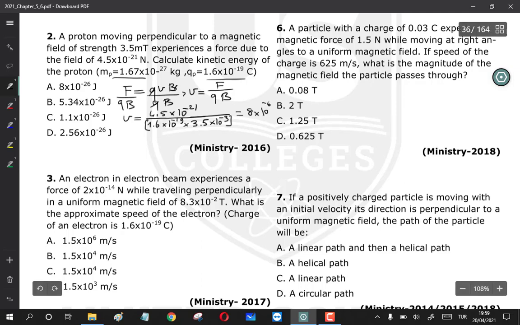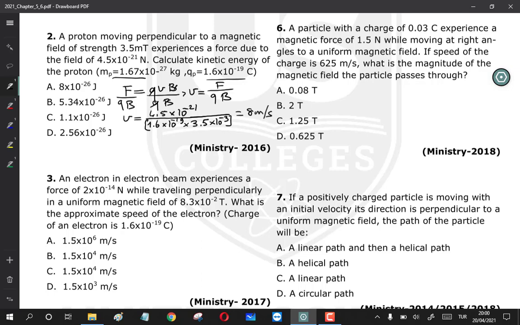Let's check it again. 4.5 times 10 to the power of negative 21 newton is the force divided by bracket 1.6 times 10 to the power of negative 19 times 3.5 times 10 to the power of negative 3, close the bracket. So it's 8, not 8 times 10 to the power negative 6, it's 8 meter per second. This is the speed of the particle. Now we are ready for calculating the kinetic energy.